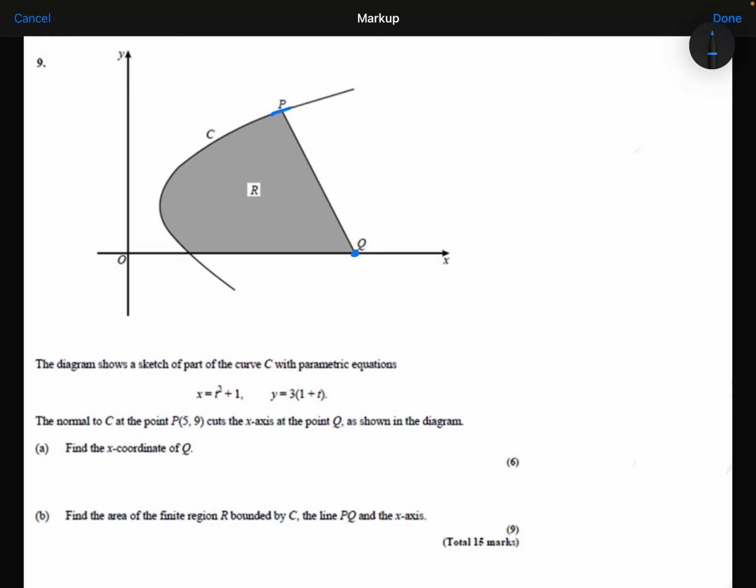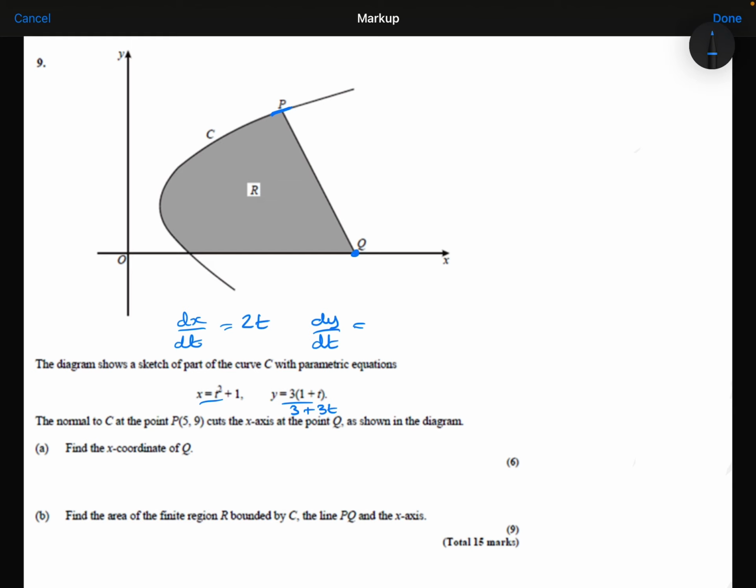So let's get our gradient function. Because we've got parametric equations, I'm first going to differentiate to get dx by dt. Differentiating t squared plus 1 will give me 2t. Now to differentiate the y function, dy by dt, just to help me, I'm going to expand this bracket.